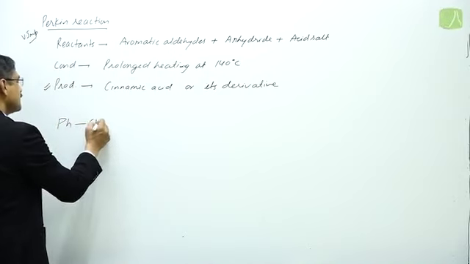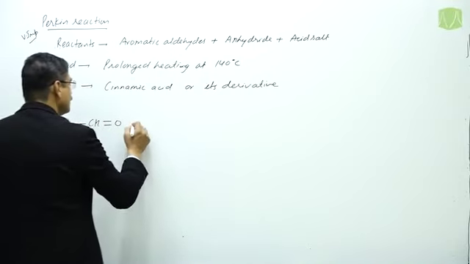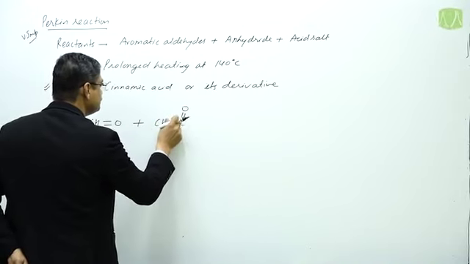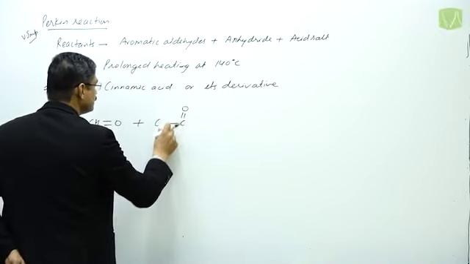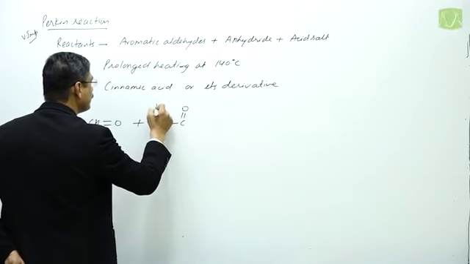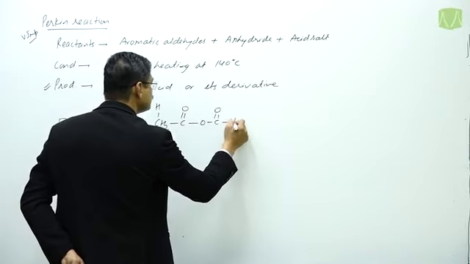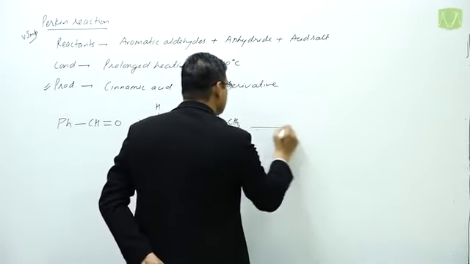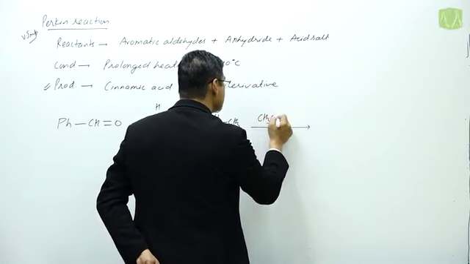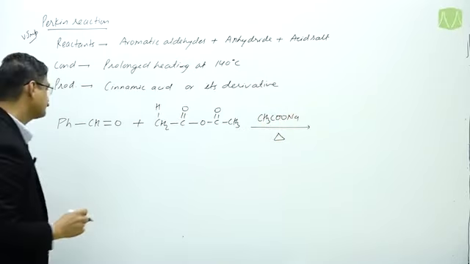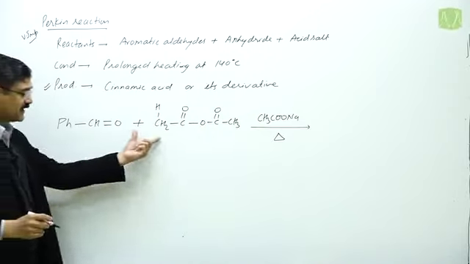I write PhCHO with, suppose, acetic anhydride, in presence of acetic acid salt, at heating. So this is the aromatic aldehyde, this is the anhydride.